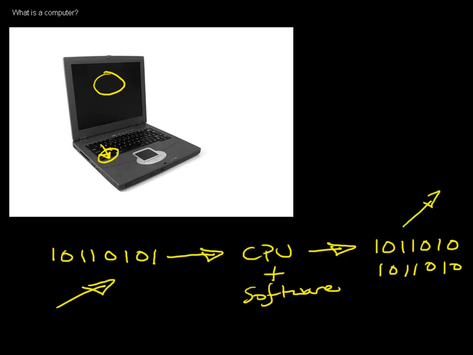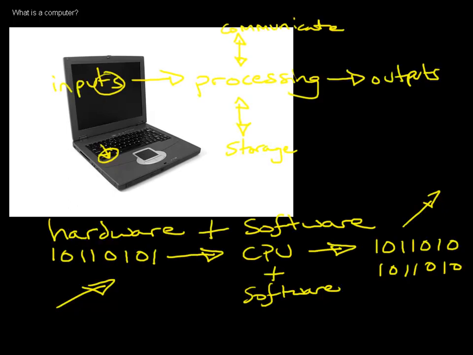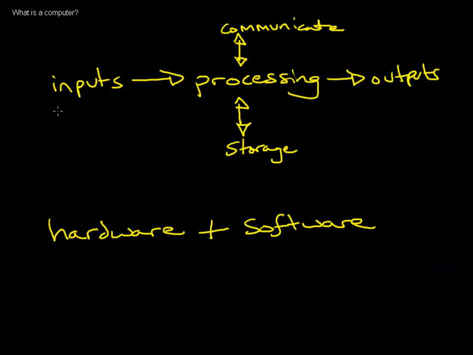Now, having discussed this, and especially if we look back at that summary we had for what a computer system is, we see that a computer system had inputs, it had processing, and it had outputs, and the ability to communicate and store information. We can then look at something else like a mobile phone, and we can ask ourselves, is this a computer?